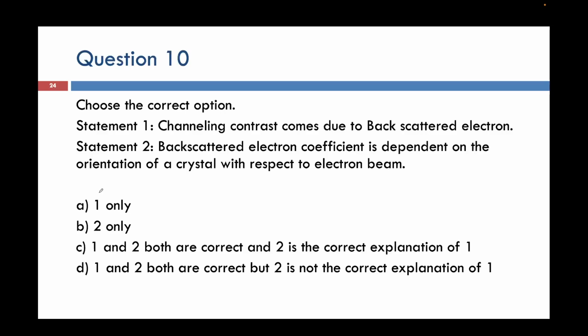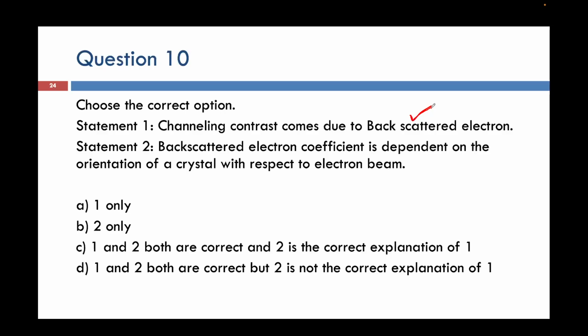So channeling contrast we studied. Can anyone answer this one? Sir, C, sir. Yeah, okay. So here statement 1 is channeling contrast comes due to backscattered electrons, and we know that depending on the orientation of the crystal, the backscattered electrons will vary, because whether it's a single crystal or a polycrystalline material, accordingly the backscatter will vary when the channeling phenomenon takes place, right?